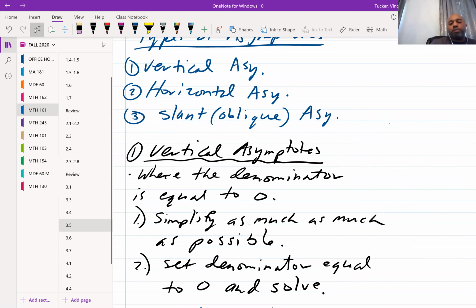So you will simplify as much as possible. Then set the denominator equal to 0 and solve.